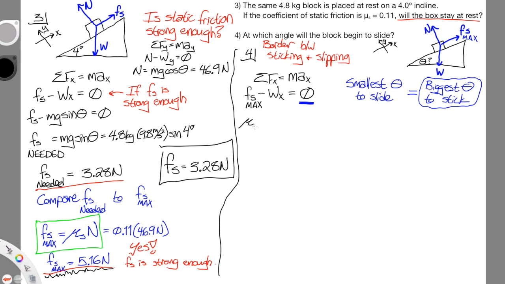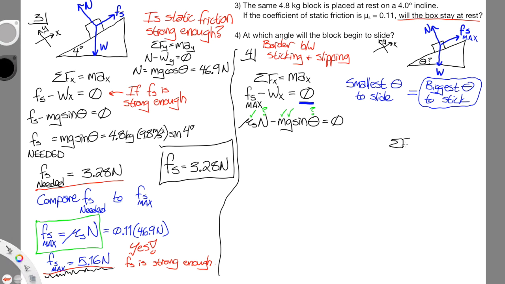So mu static times the normal is the maximum force of static friction minus mg sine of theta, where now theta is our unknown, equals 0. So taking stock of what variables we have: mu s, we have m, we have g. Theta is what we want, but we don't know the normal force either, so we're going to have to go find the normal force. So I'm going to come into the y direction over here.